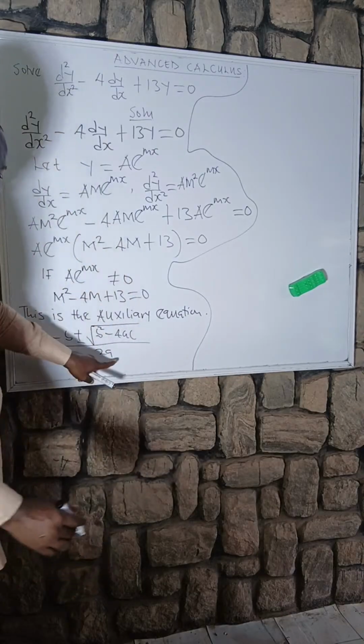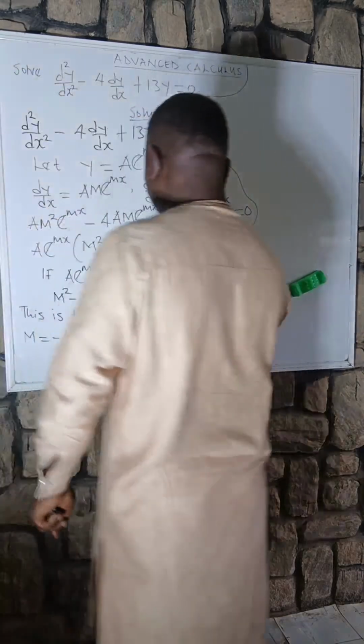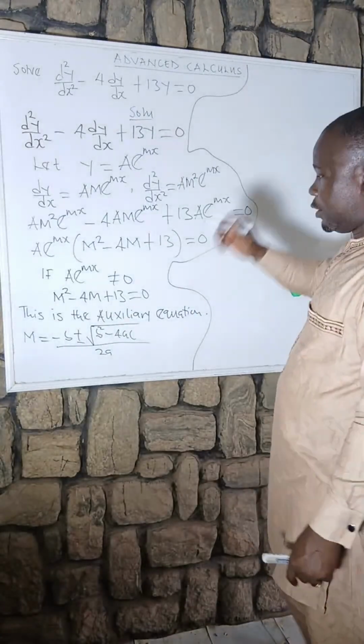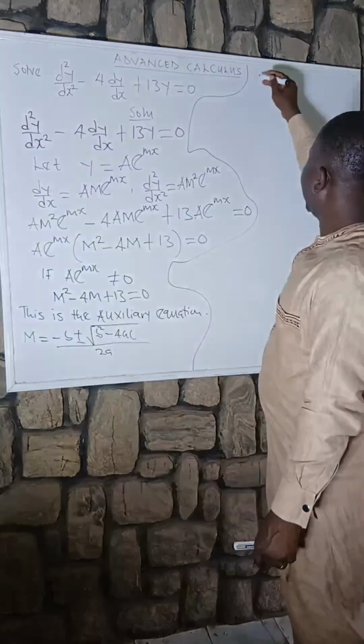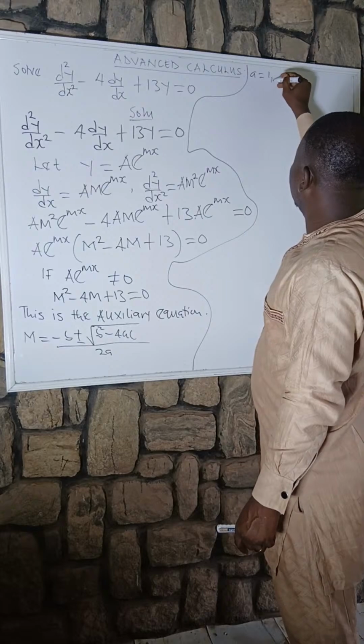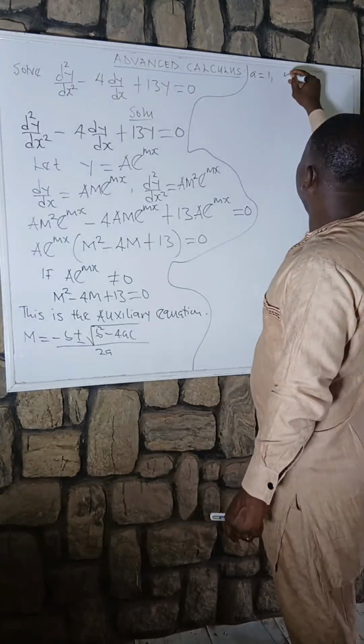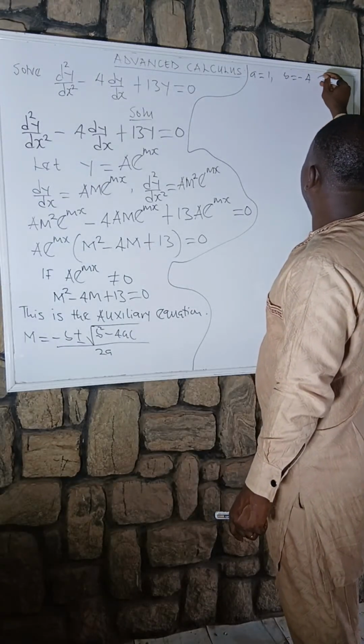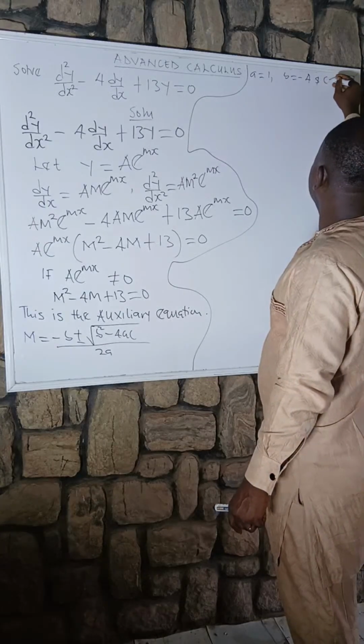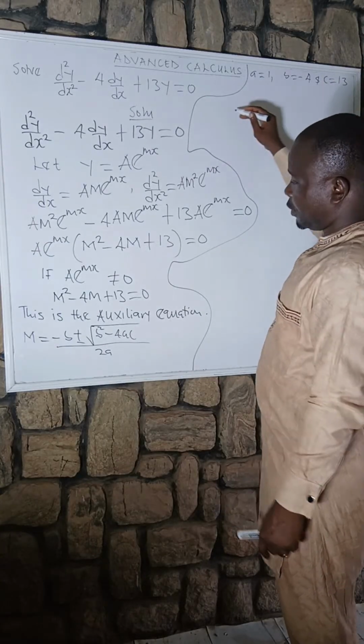So our a is equal to 1, b equals minus 4, and c equals 13.